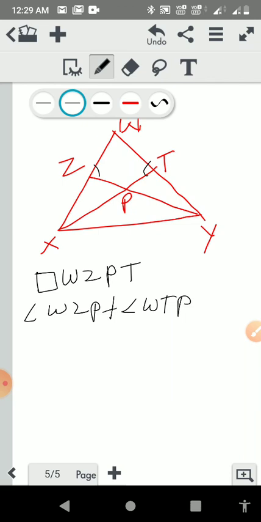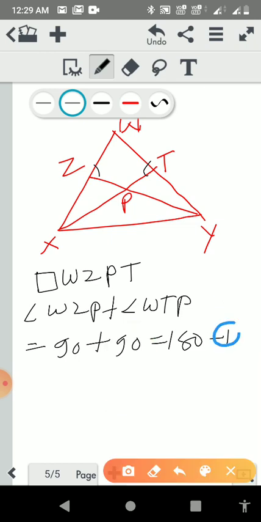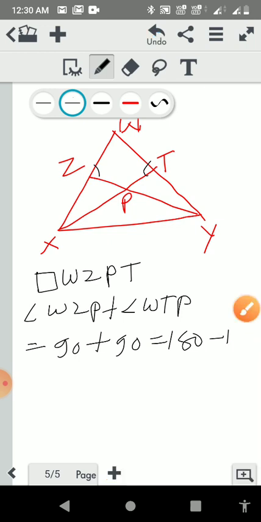WZP is 90 degrees and WTP is also 90 degrees, so we can write it as 180 degrees.